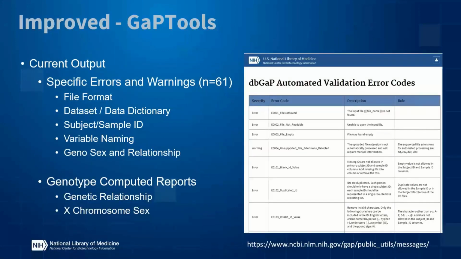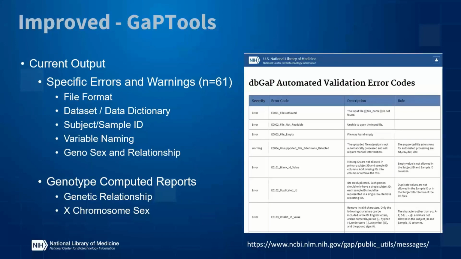More about GaPTools. The current output returns specific errors and warnings of the validation, and some of the categories of errors and warnings are file format, data set to data dictionary matching, subject and sample ID matching across files, variable naming, and the genotype sex and relationships to the phenotypic data.